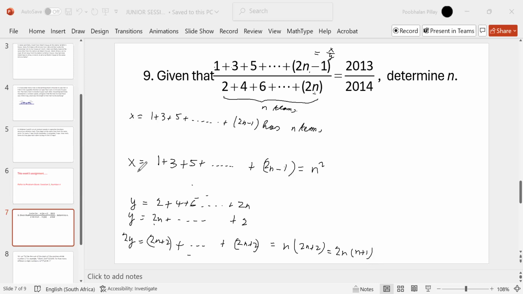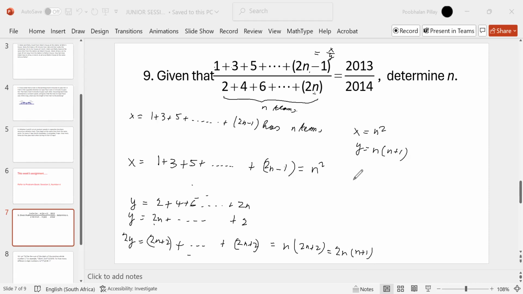Therefore, x is equal to n squared, and y is n into n plus 1. So it's a product of n and the number after it.